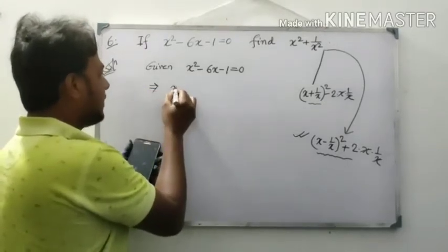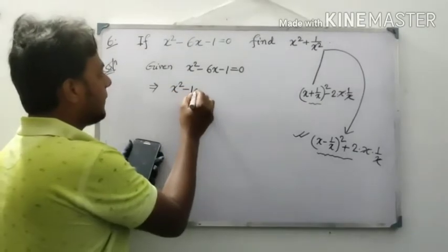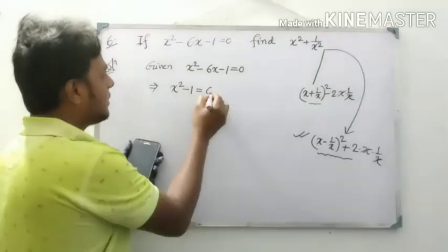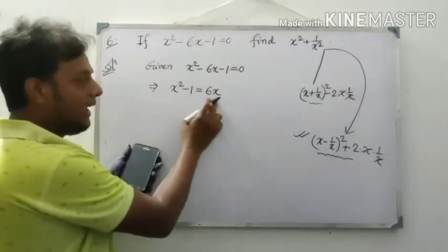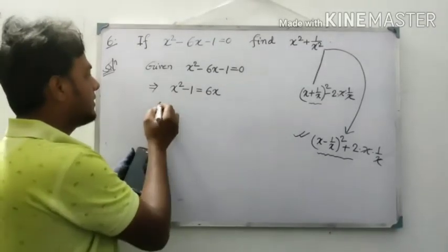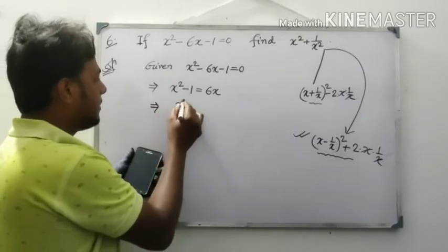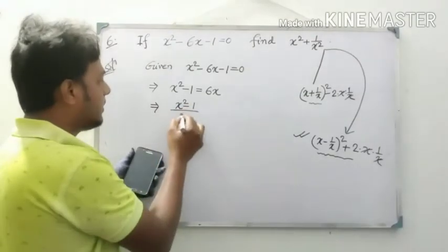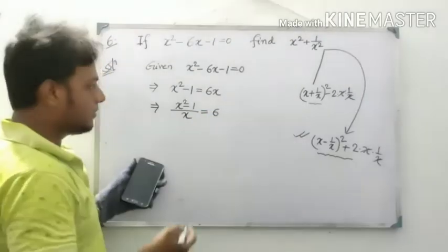this given can be written as x square minus 1 equals to 6x. Now if we divide both sides by x, then what? X square minus 1 by x equals to 6. Understood?